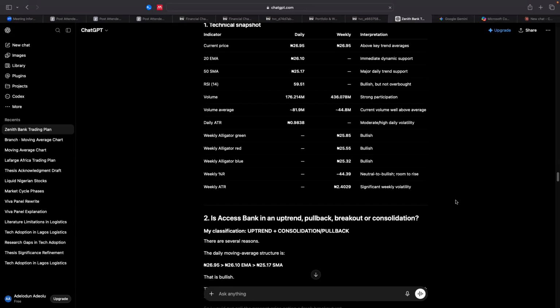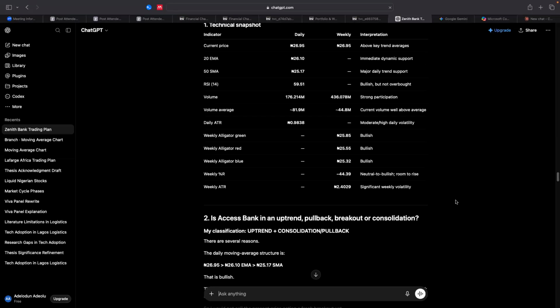ATR is 0.98, reflecting moderate daily price volatility, about 3.6% of the current share price. For volume, it spiked to 176.21M on daily up moves, showing institutional buying support. Daily assessment: pullback continuation, early breakout resumption within an uptrend.